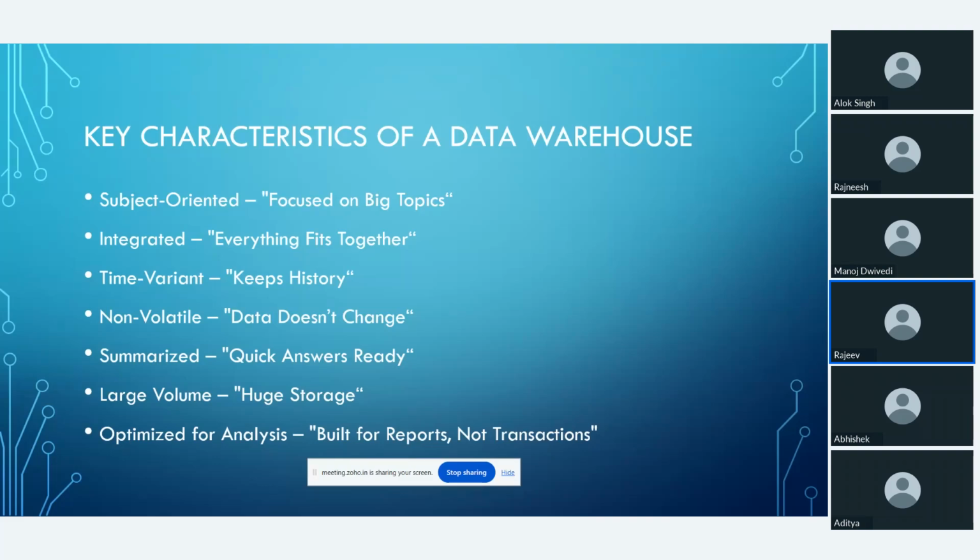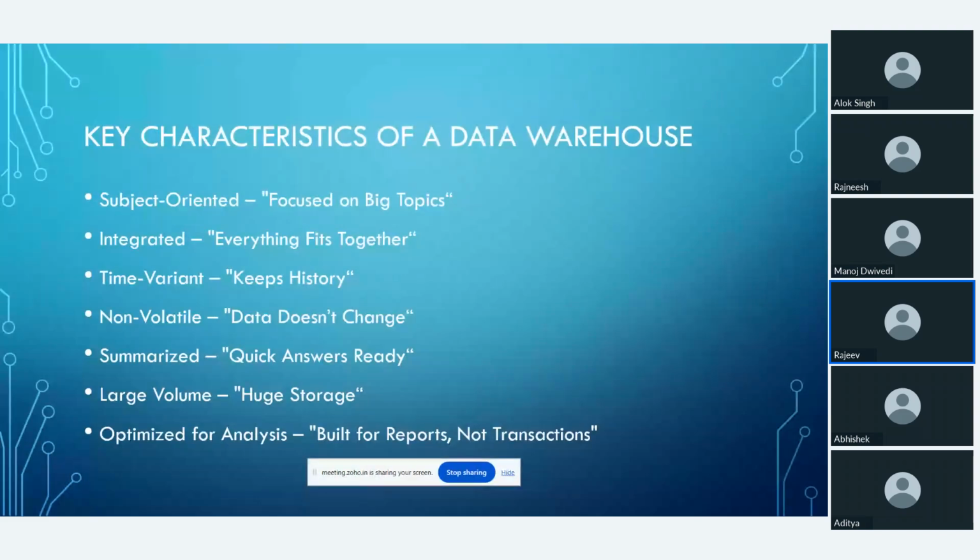For example, if one system enters the product ID as ID-123, and another system calls it prod with some prefix and 123, the data warehouse fixes these differences so that reports are consistent. That's the reason it is integrated.